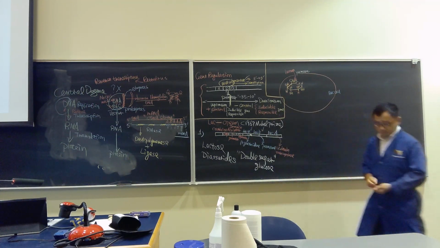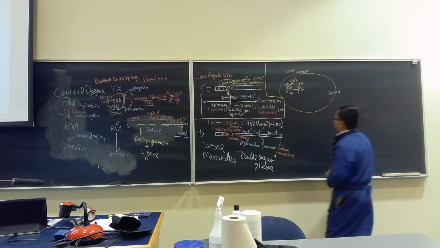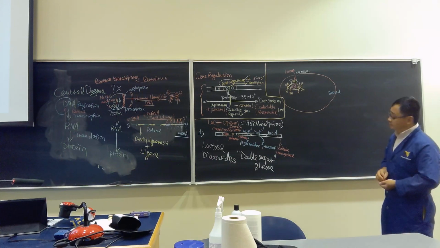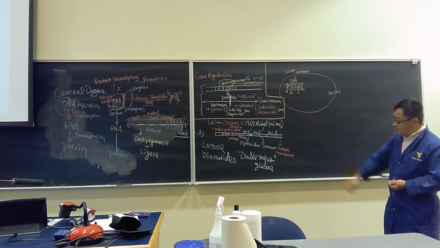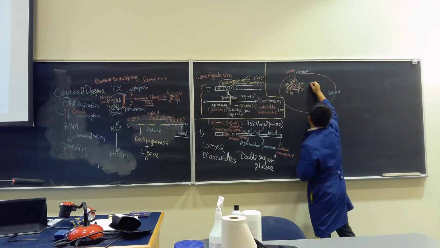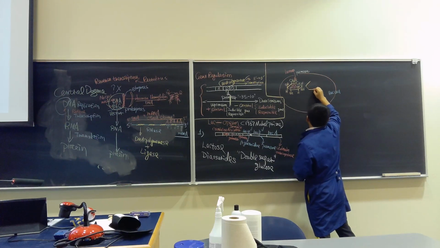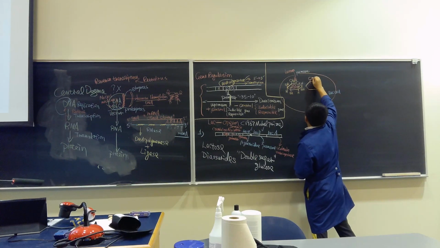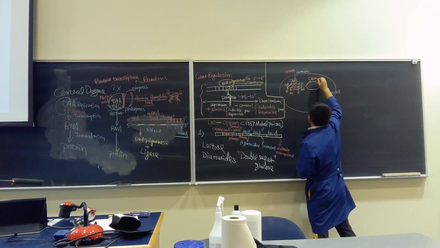That's glucose. Okay, so let me write a G there. That's glucose. Okay, what is lactose? I said it's double sugar. Oh, you're going to write another glucose. Okay, very simple. So far, you should know what glucose is. If you don't know glucose, you're going to have trouble. So, write another glucose.